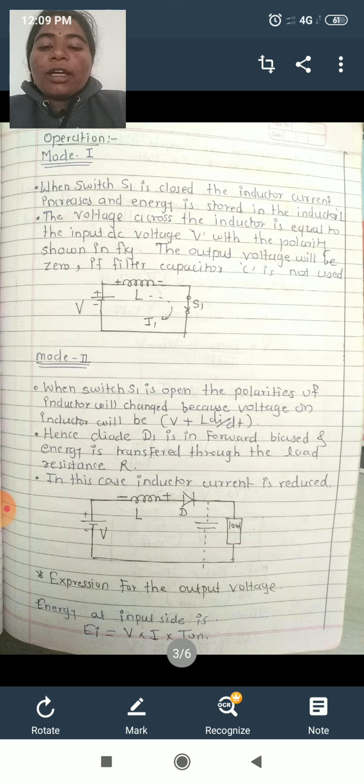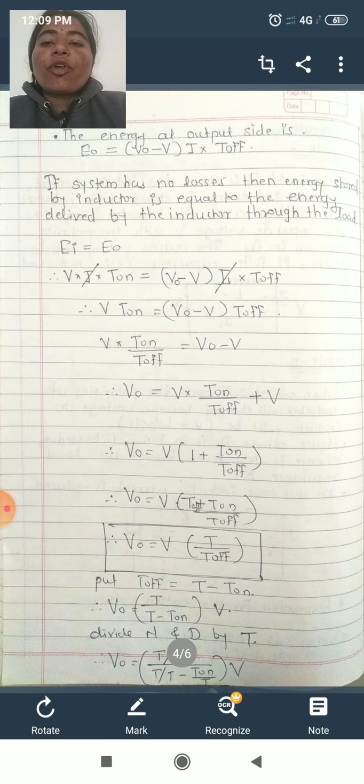Energy at the input side is given by EI. Energy is nothing but V into I into time period, that is V into I into T on, because for T on time the switch is in on condition, or closed. The energy at the output side is E out is equal to V out minus V into I into T off, because at the output side, when it is in off condition, we have to consider the off time.